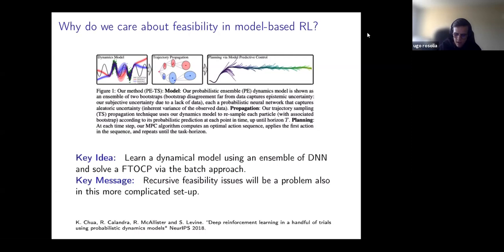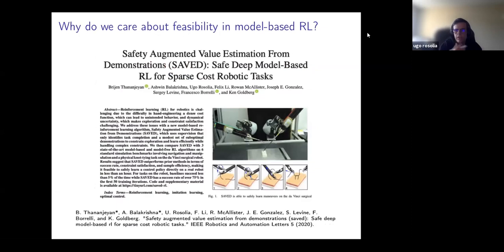Okay. And so what we did actually is that we built upon this strategy PATS, and this is really some amazing work done by Ashwin and Brijan, which are two PhD students with Professor Ken Goldberg at Berkeley. And the idea of Ashwin and Brijan was to merge strategies from control and MBRL to solve this feasibility issue.